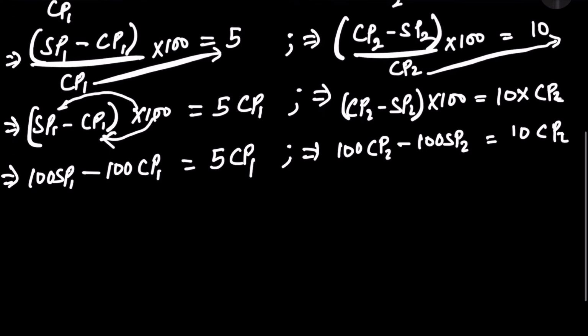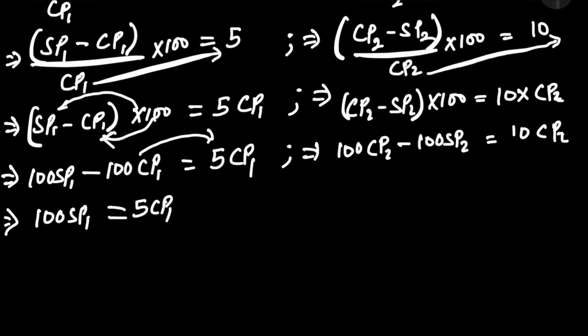Okay, now let's gather the like terms on one side. So 100 SP1, and we will add 100 CP1 on both sides, equal to 5 CP1 plus 100 CP1.